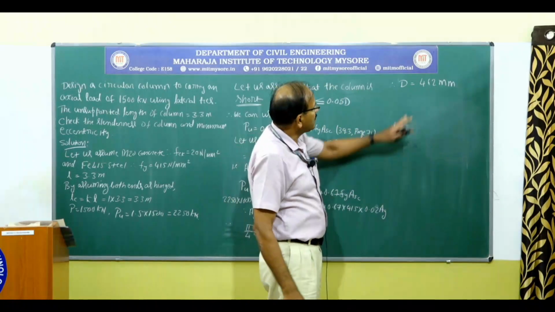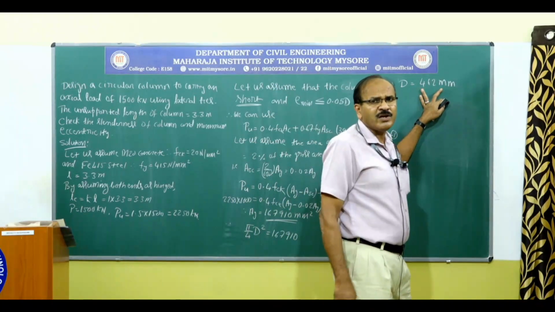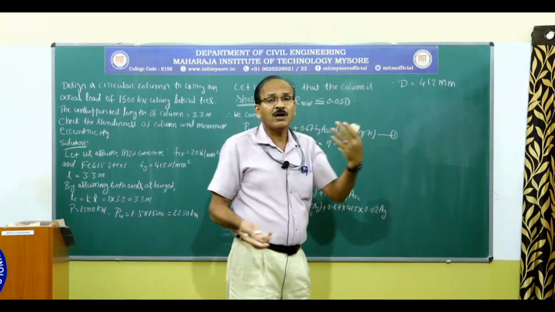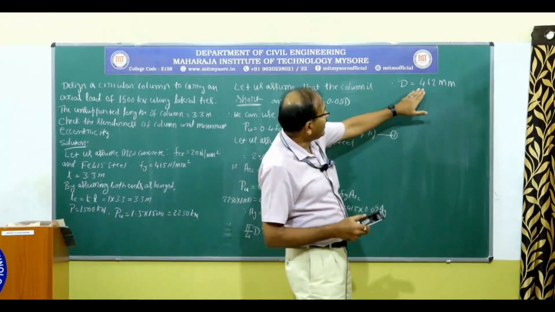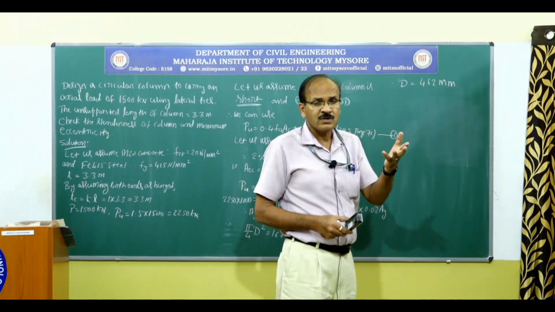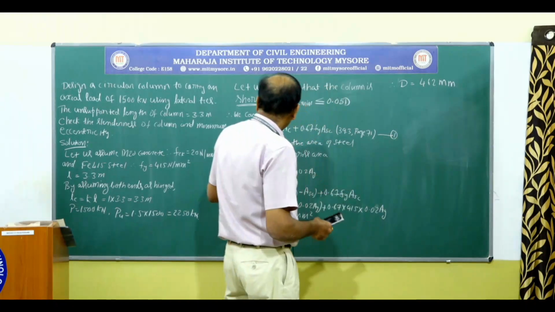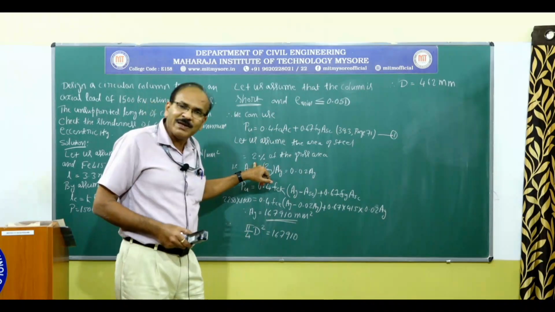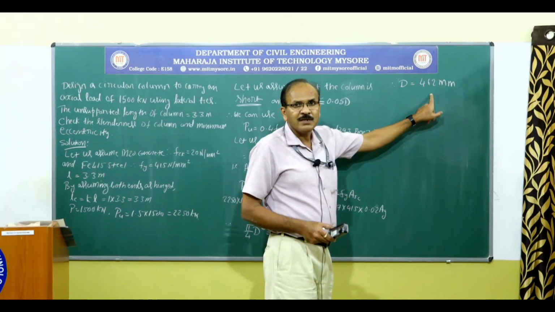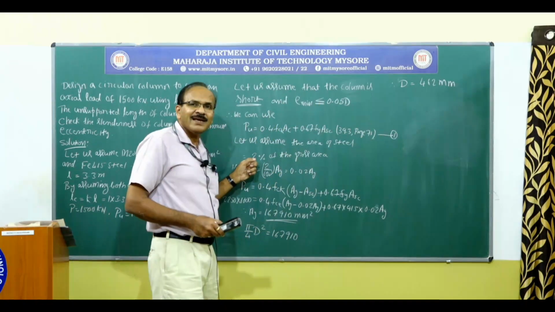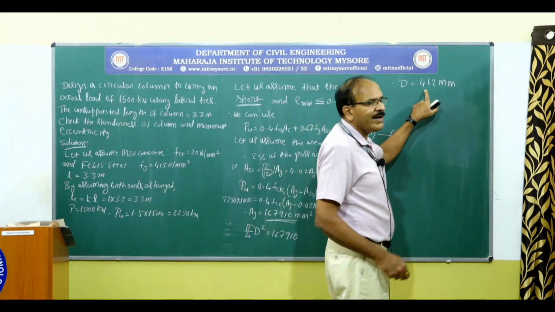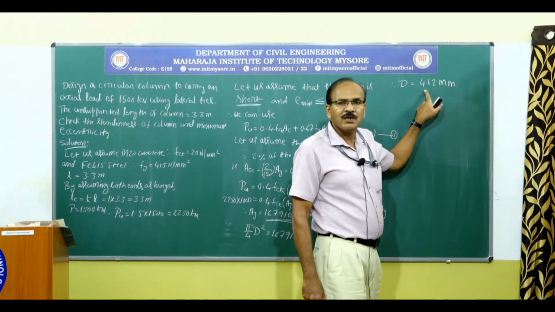This diameter of the column we are not going to provide. So we are going to provide say 475 mm or 450 mm. If you provide 475 millimeter, then the area of cross section of the column will increase, so the percentage of steel required will be less than 2. If you decrease this diameter to 450 millimeter, then the percentage of steel required will be a little bit greater than 2. So here I am going to provide exactly 450 millimeter diameter column.